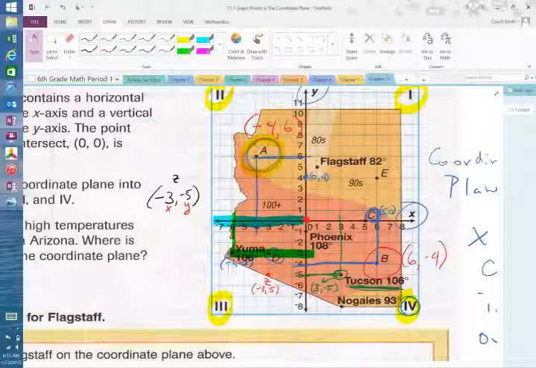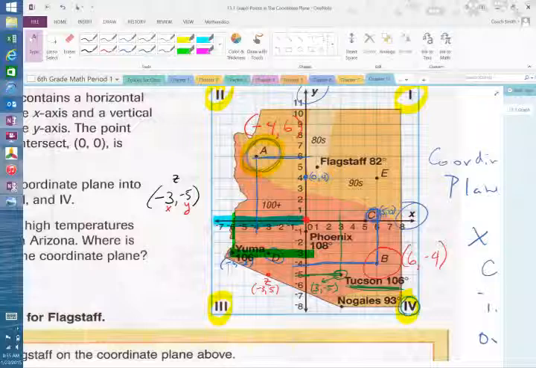If I just do this, well, this line right here never goes across the x-axis. So we've got to look at the one that goes across the x-axis. So you're going to look at your light blue grid line, and say, okay, it crosses there at -6, it crosses at -3, so that's what I've got to do. So the vertical line where it crosses is always second, the horizontal line is always first.